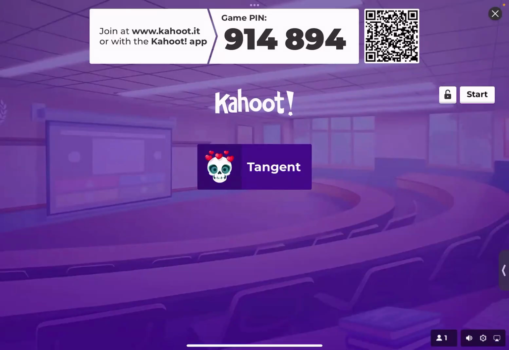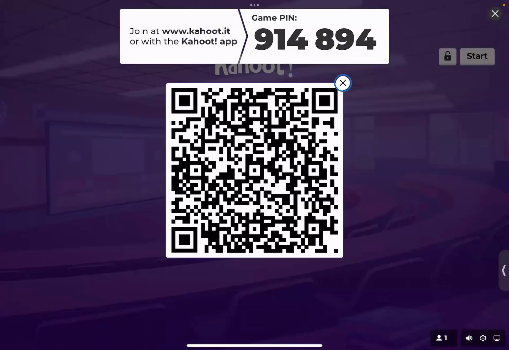Sorry, I was joining my hotspot. I could make it bigger here, the QR code and the game pin.